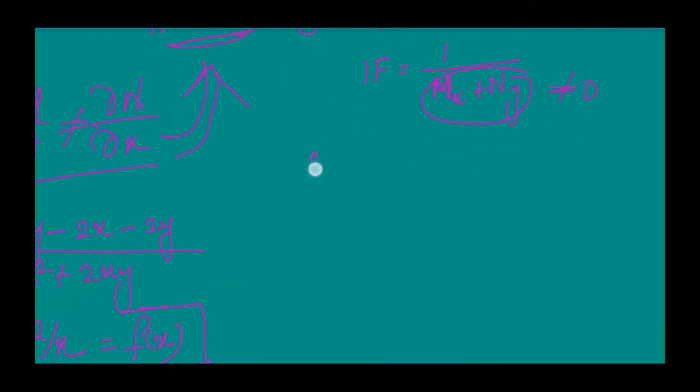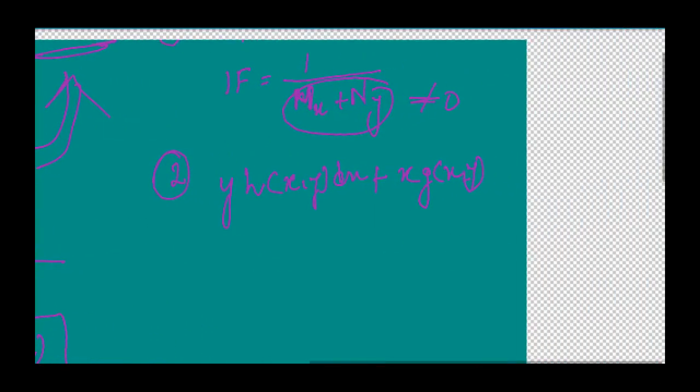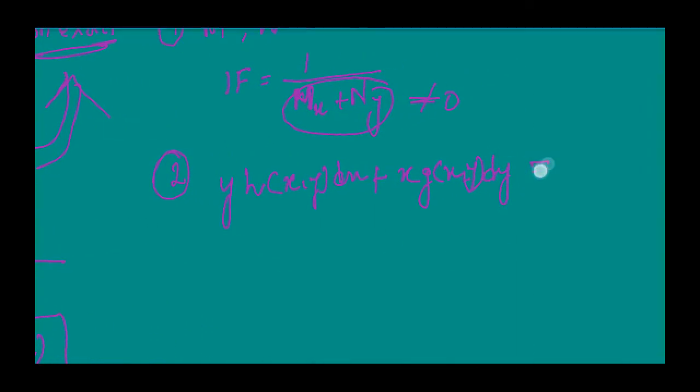And suppose the next condition is, if the differential equation can be expressed like this, where y can be taken out from the M term: y f(xy) dx + x g(xy) dy = 0.